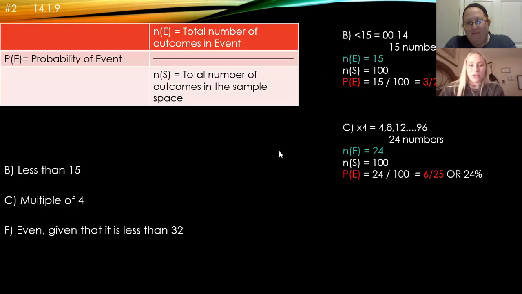So your total number in the event is 15, and like Heather said earlier, your sample space, or NS, will always be 100. So the probability of this event happening is 15 over 100, or you could simplify it to 3/20ths or 15%, or even 0.15 if you wanted.